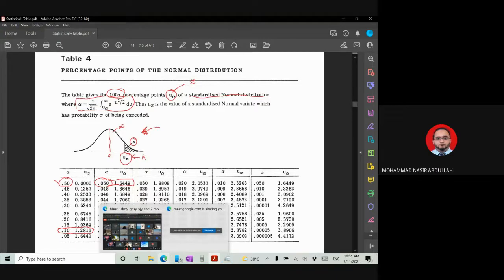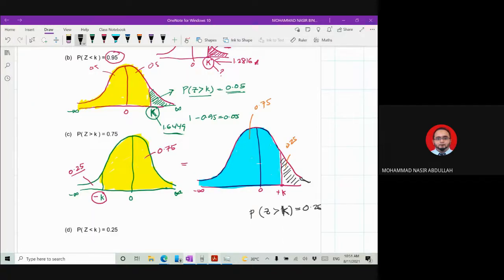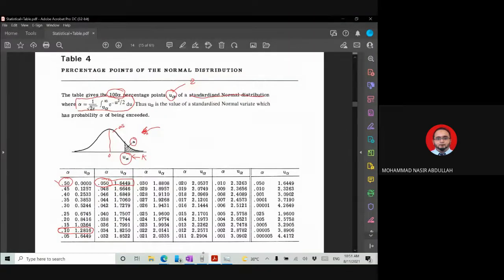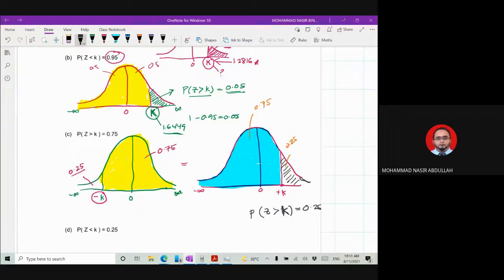Okay. So now, 0.25 is somewhere here. So for 0.25, K should be 0.6745.